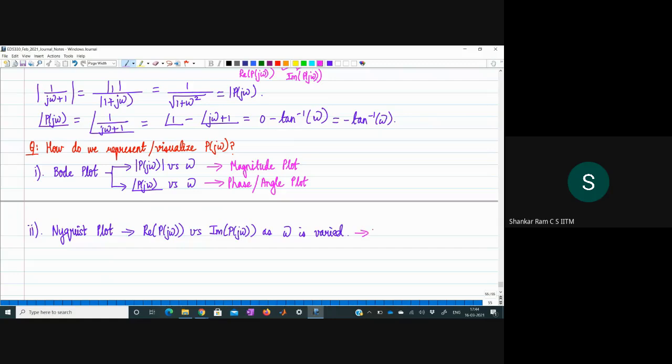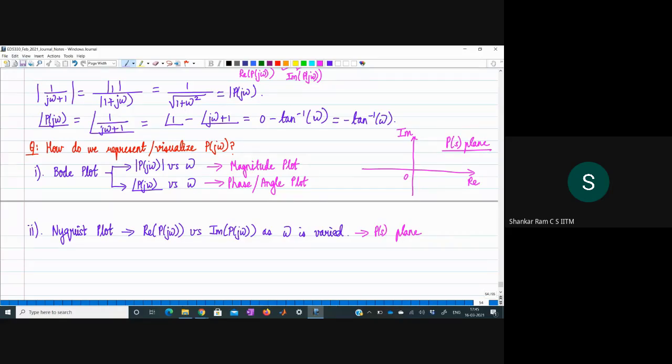This is once again a complex plane where we plot the real part and the imaginary part, but we are plotting the real part of P of j omega and the imaginary part of P of j omega as omega varies over a range of values. Essentially, that is the Nyquist plot.